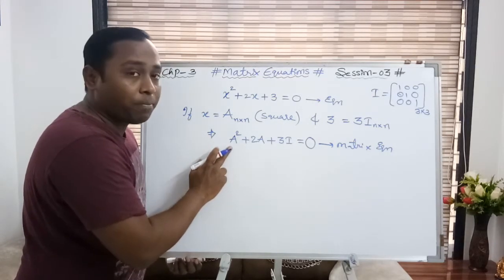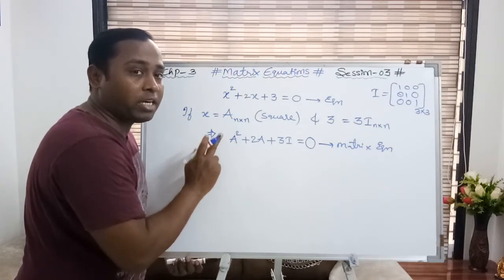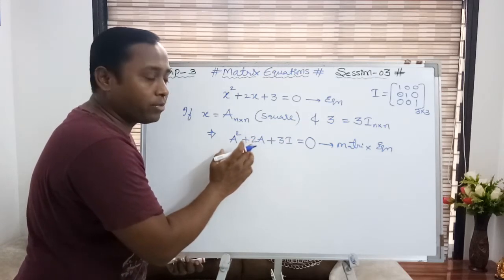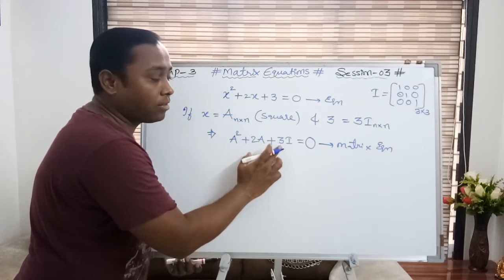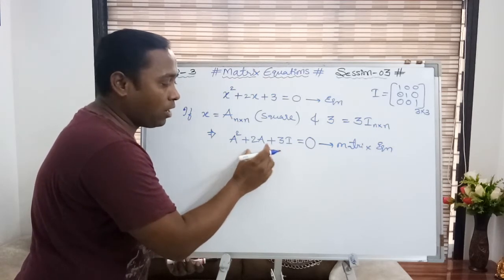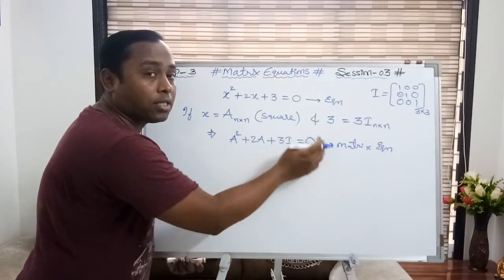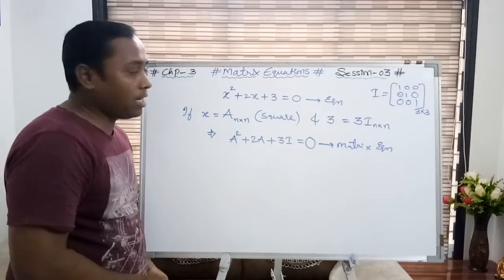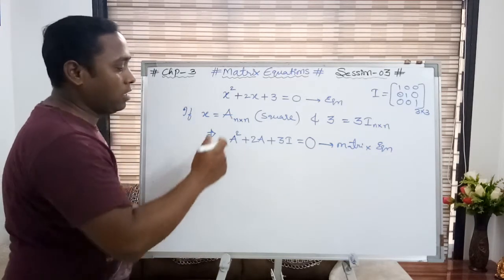A square means A into A, a matrix multiplied by itself. 2A means the matrix multiplied by 2. 3I means the identity matrix multiplied by 3. When you add all those results, it is equal to the 0 matrix.